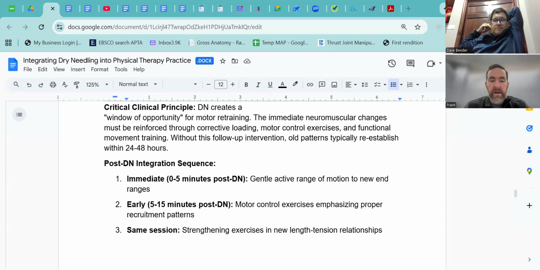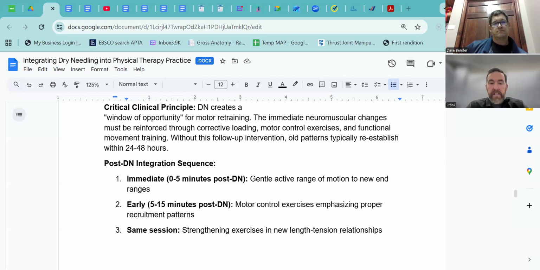So I like to think about a couple things immediately after needling. In those first 5 minutes, let me step back for a minute and say that there's some needling that I'll do just at the end of the session that's maybe more for pain, highly irritable patients, some pain relieving things. I'll still go through a smaller version of this.